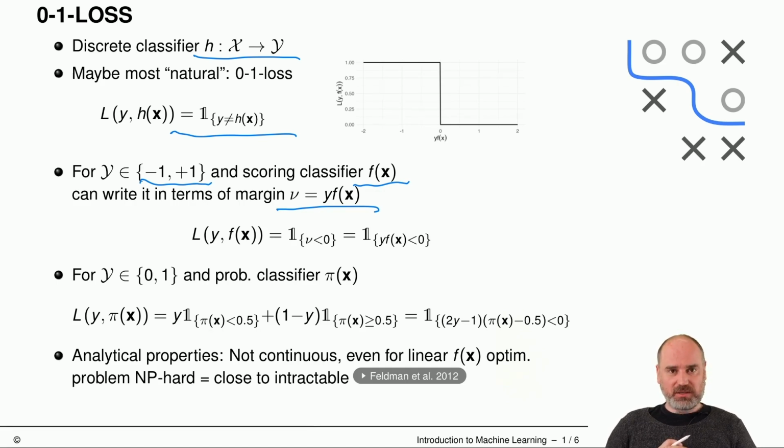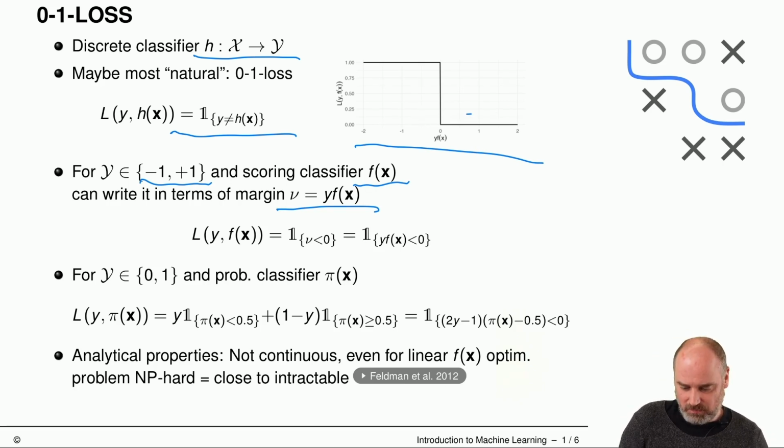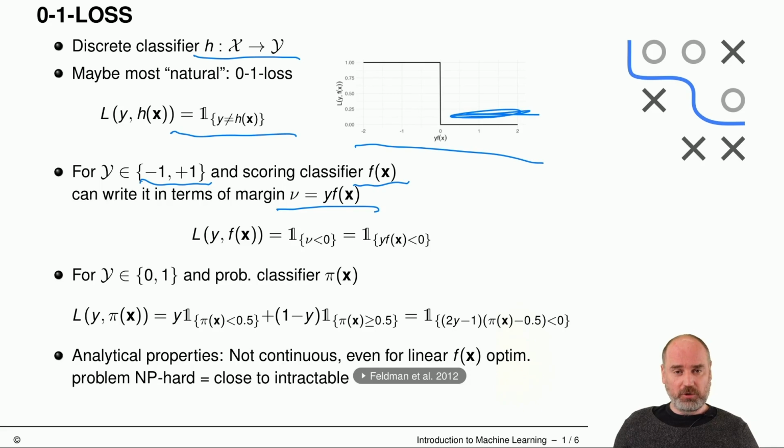And the nice thing is that using the margin, we can now plot our loss function in a single argument and not two. We have done this here, I've discussed this before, and you can also see how the 0-1 loss function looks like. That's the area here where, assuming again we would be thresholding at 0, which would be our default for such a decision score-based classifier, we have a loss of 0 because we're producing the correct sign, so to speak.